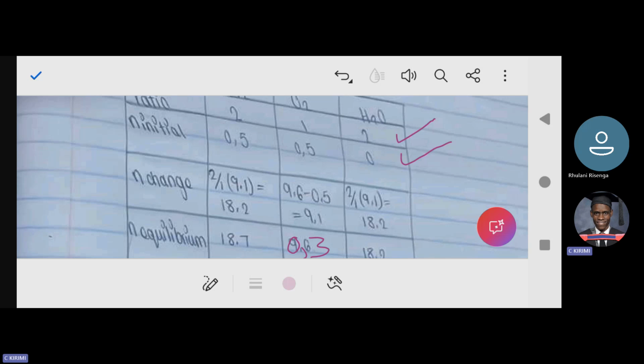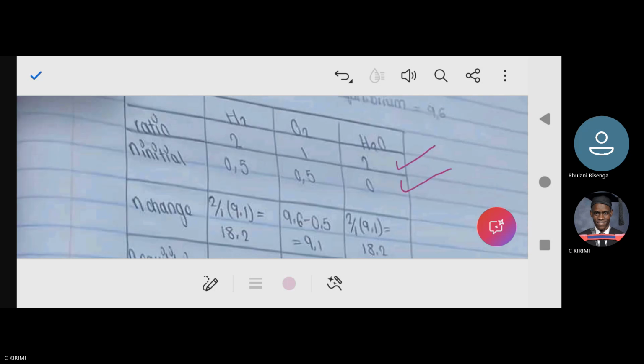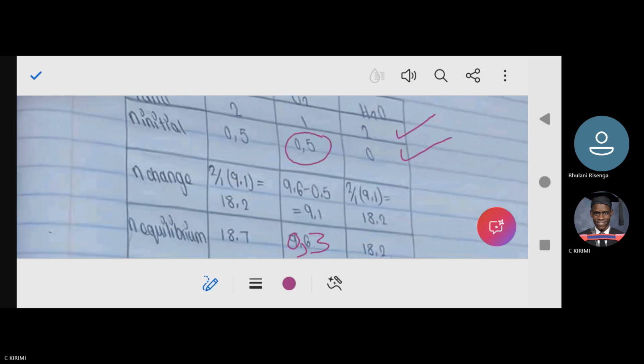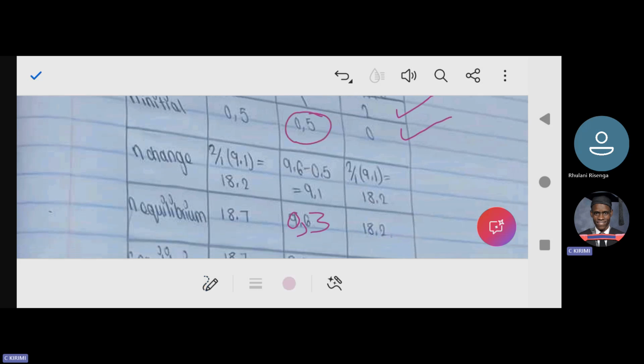In other words, the number of moles initially minus the ones that reacted gives the number of moles at equilibrium.